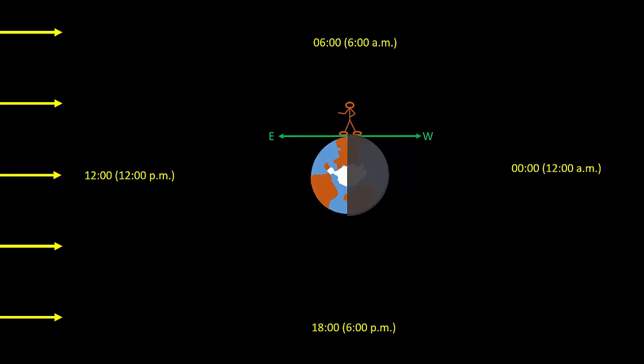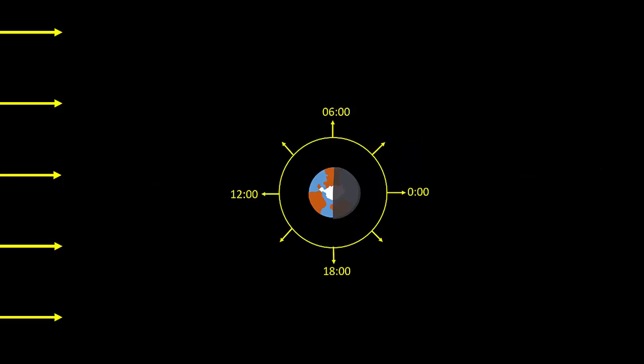So let's just shrink the Earth down and put our clock markings on there. There's what we have. We can fill in the rest of them. Now, in each case, these represent where that person is going to be. 3 o'clock, that's where they'd be, halfway between 0 and 6 hours.